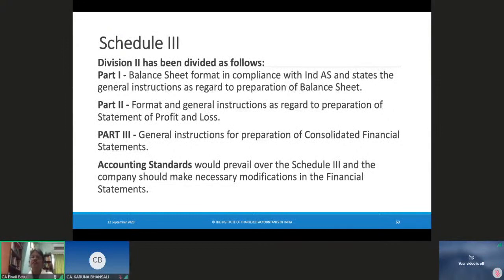So here you see we are consolidating everything we are learning. Finally we are attesting the balance sheet, the profit and loss account and the notes to accounts, and the auditing standards tell us how to do it, and whether we have done it or not, whether we have all the evidence.